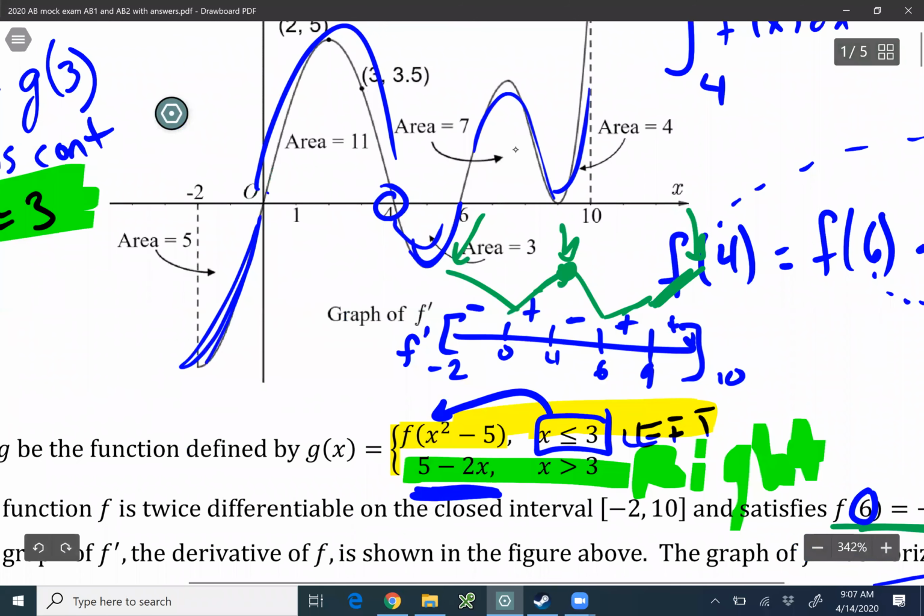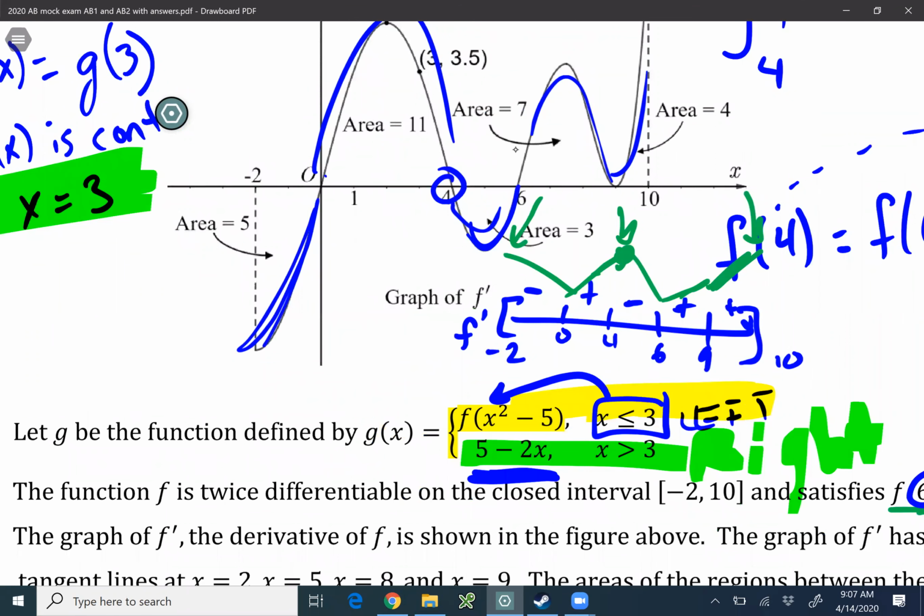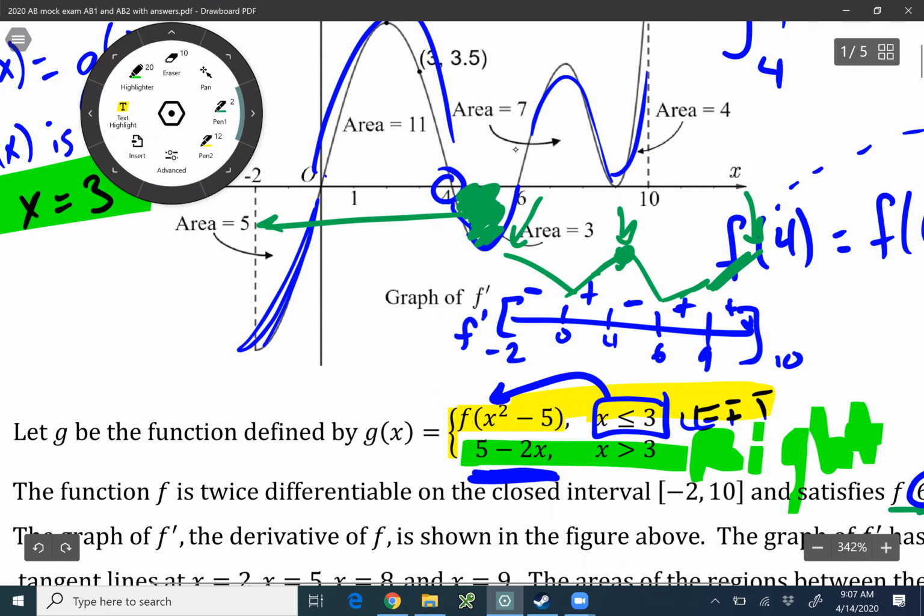So if we go to our graph, we're going backwards. So 6 backwards all the way to negative 2. So this was below the axis, but since we're going backwards, it's going to kind of flip. So below the axis is going to be positive. So this first area is going to be positive 3 because we're going backwards. This second area is above.